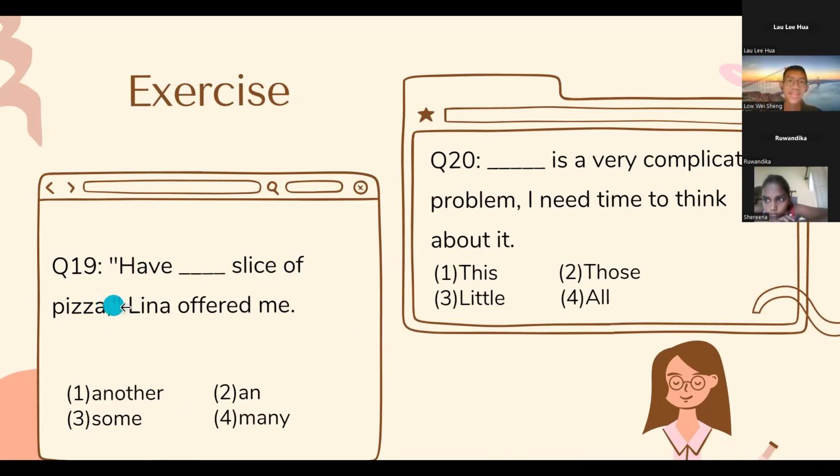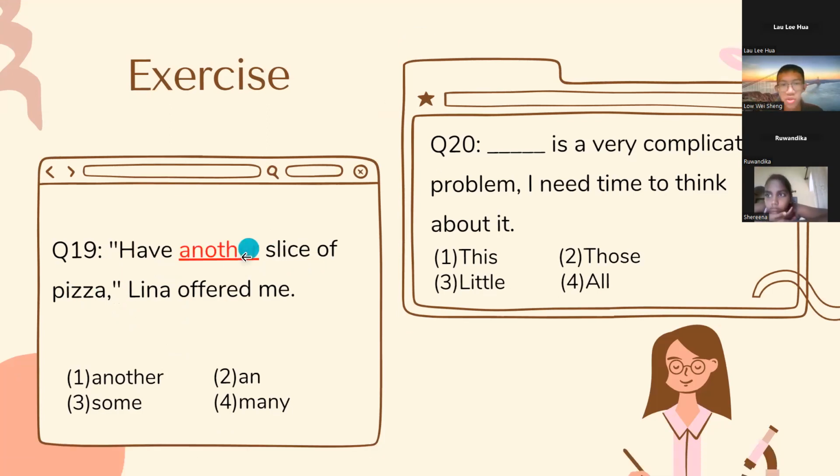If it's plural, it'll be slices of pizza. So just pay attention. You don't add the S at the end of a, you add S at the end of slice. So slices of pizza will be plural. But because it's slice of pizza, it's singular. And therefore, we cannot use the word some. And hence, the answer is another.